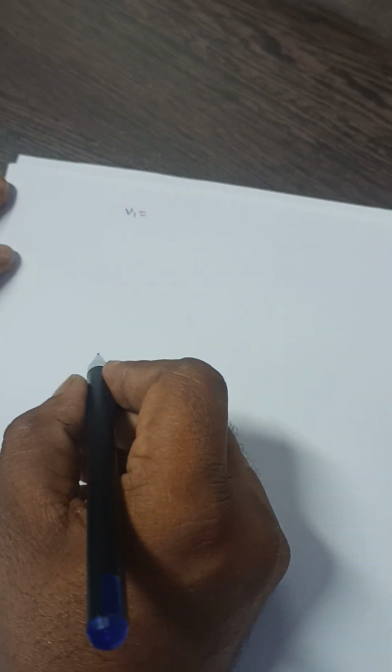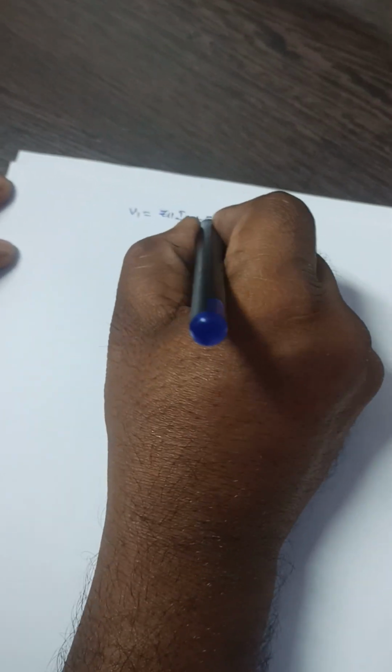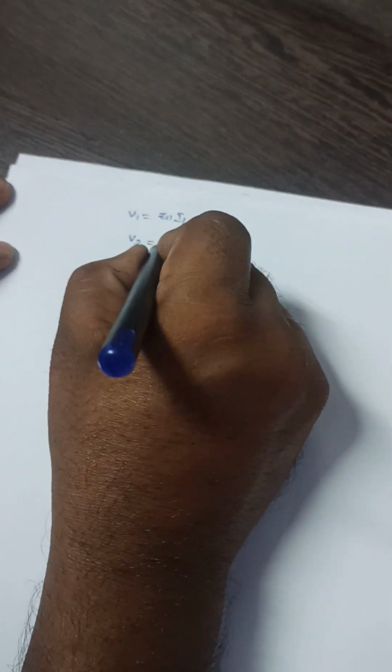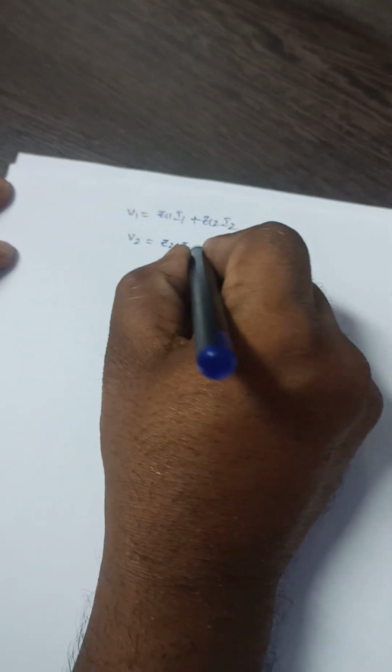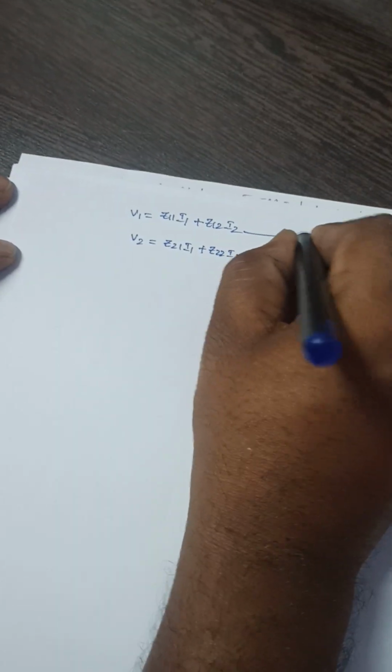The Z parameter equations here are V1 is equal to Z11 I1 plus Z12 I2, and another equation is V2 is equal to Z21 I1 plus Z22 I2. Let us represent this as equation number 1 and this as equation number 2.